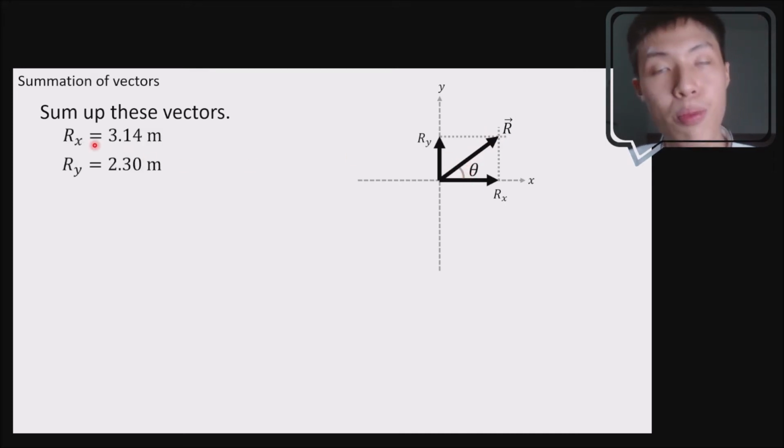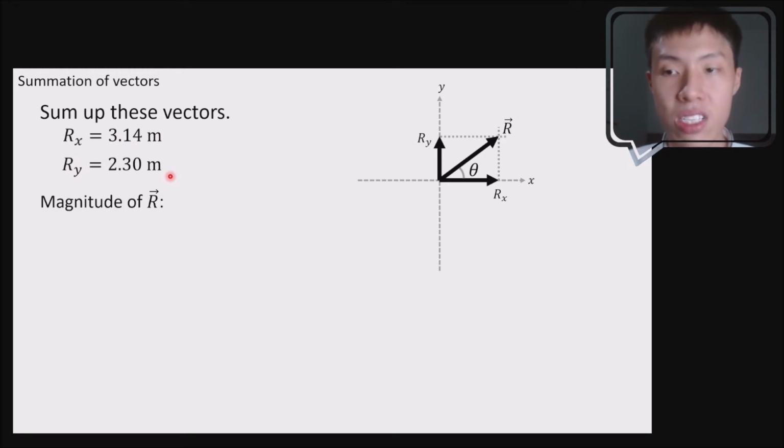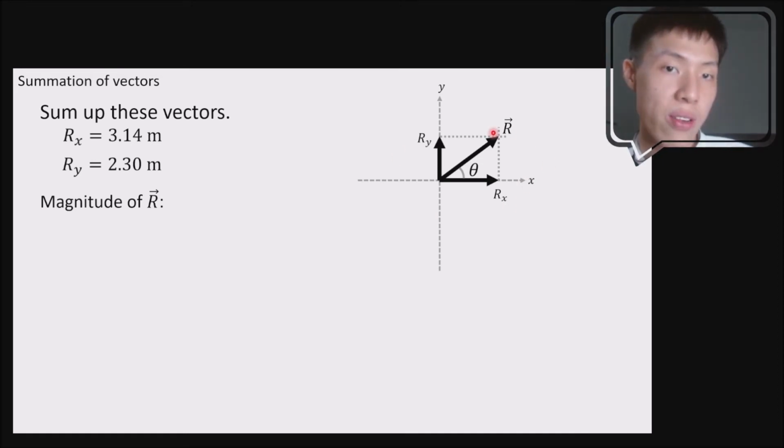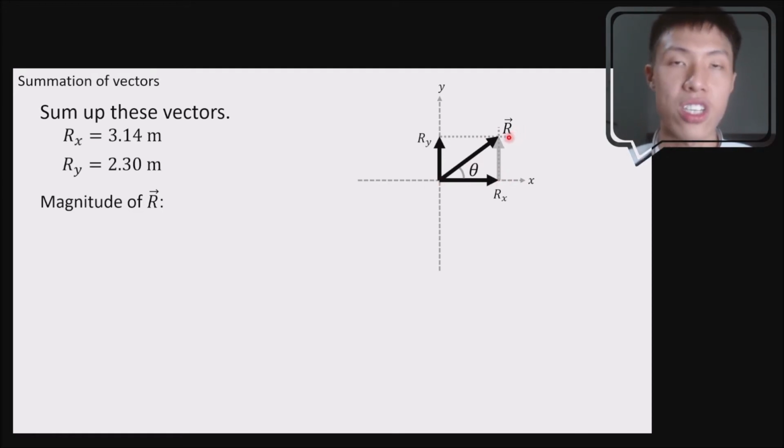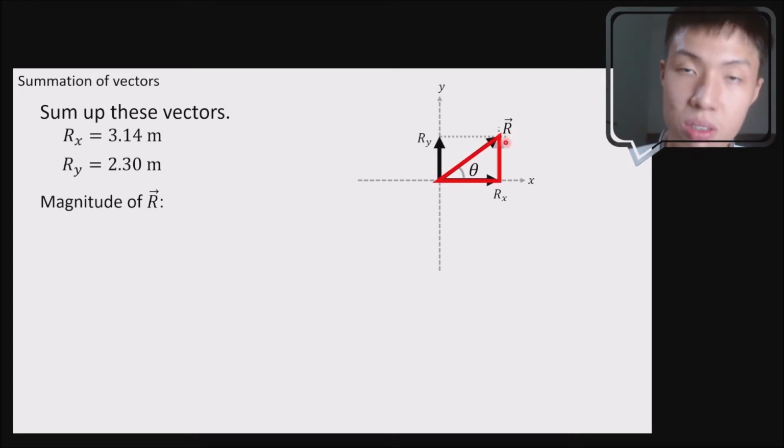We know from our previous calculation that Rx is 3.14 meter, Ry is 2.30 meter. Now to determine the magnitude of vector R, we can try to rethink the situation over here. Let's bring Ry to this side over here. Then you can see that Rx, Ry, and the magnitude of R are actually forming a right angle triangle.